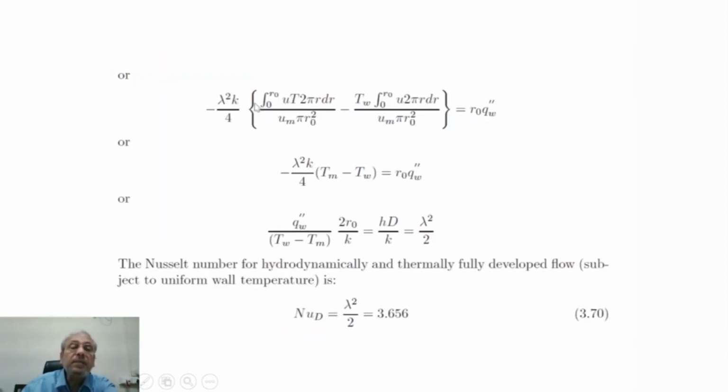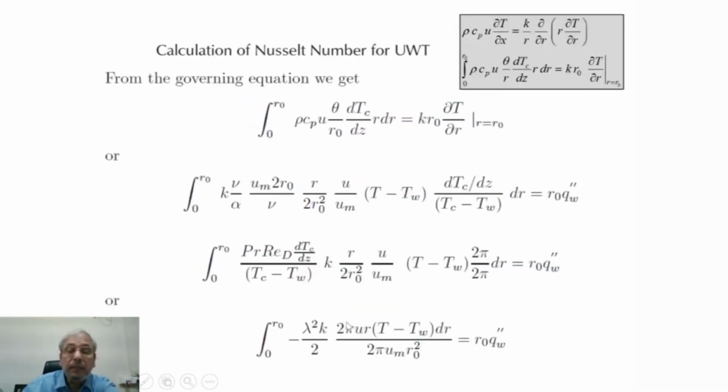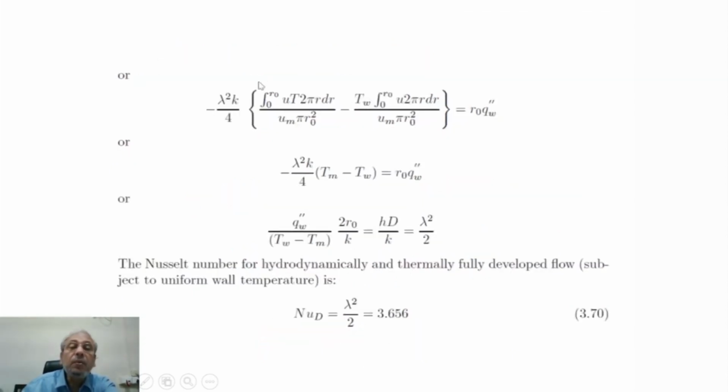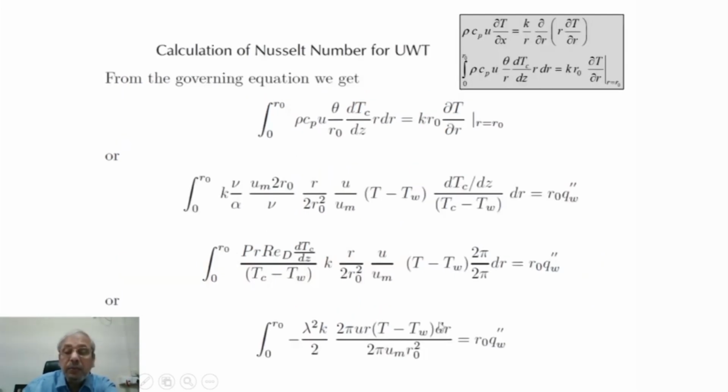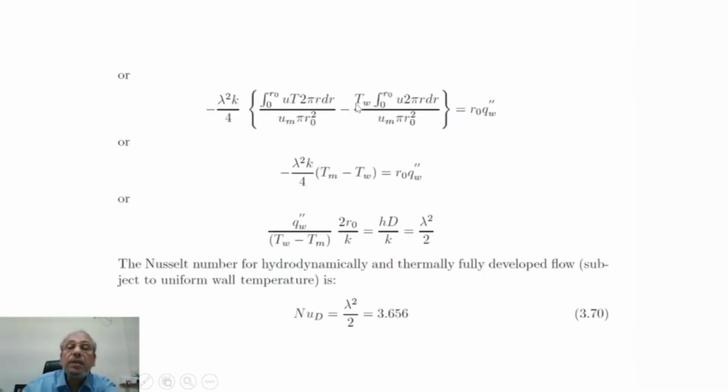So minus lambda square k by 4 we take out and then perform the integration. And in this integration you can see one group is integration 0 to R naught u into T twice pi r dr divided by pi r naught square, and another group minus Tw into integration 0 to R naught u twice pi r dr divided by pi r naught square.